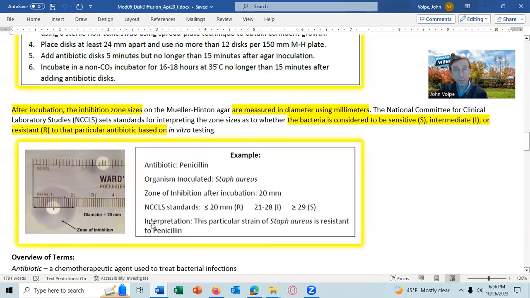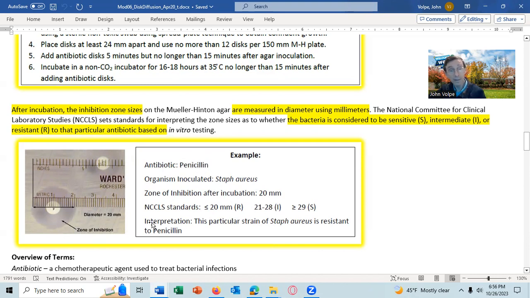And if, for example, Staphylococcus aureus was the bacteria we're testing, and penicillin G was the antibiotic we're testing, if the size of the zone of inhibition is 20 millimeters or less, we say that this bacteria is resistant to this antibiotic, meaning penicillin G.